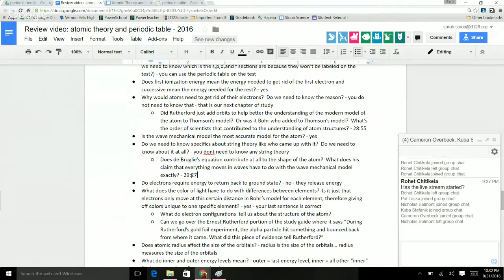A particle is a wave. The wave mechanical model is the idea that electrons move in waves, so we can't know exactly where things are. They don't follow set paths, because waves will move along different coordinates. So I think that's all the detail that I'm going to go into.